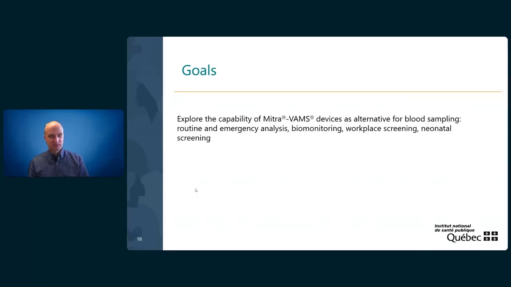The goals of the study were, first, to explore the capability of VAMS as an alternative for blood sampling. In our minds, we always think that it would be useful for routine and emergency analysis, as well as biomonitoring studies, workplace screening, and even neonatal screening if it works well.